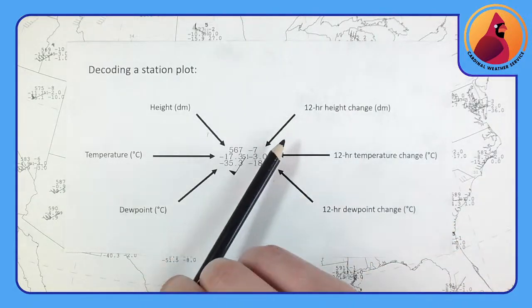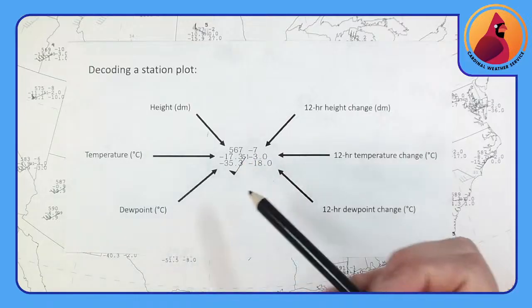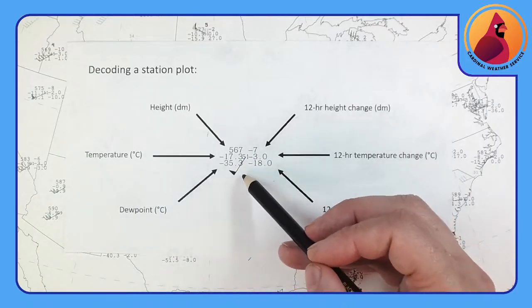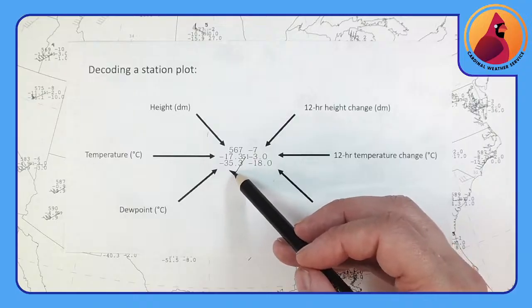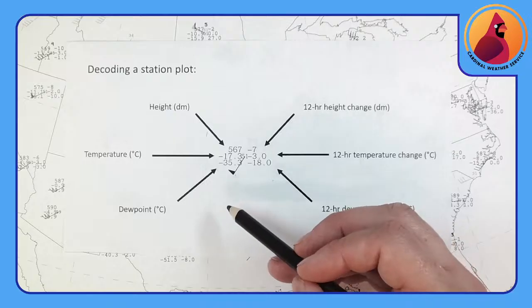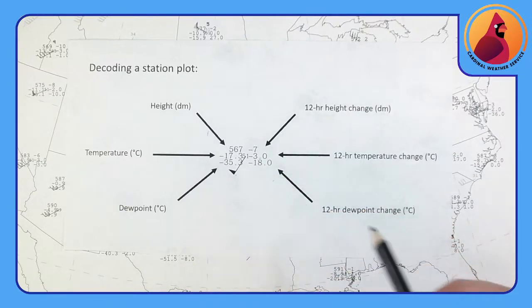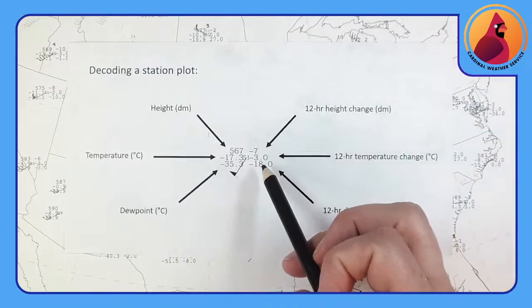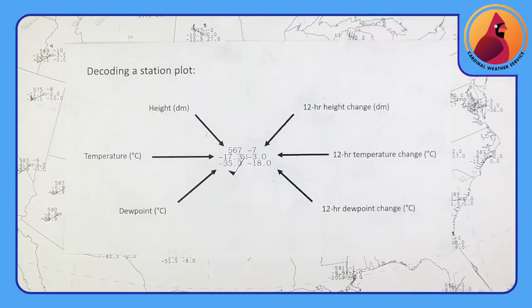So here we have winds coming out of the southwest. This is showing 50 knots. If there were a full line, that would be 10, and a half line would be 5. And right here in the center is the exact wind speed.